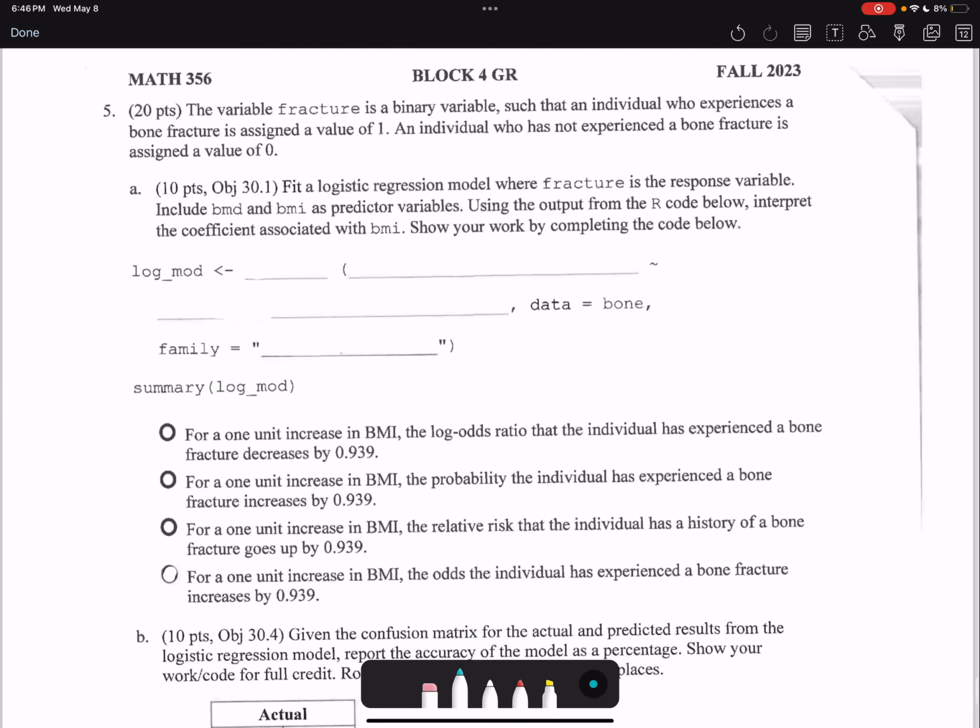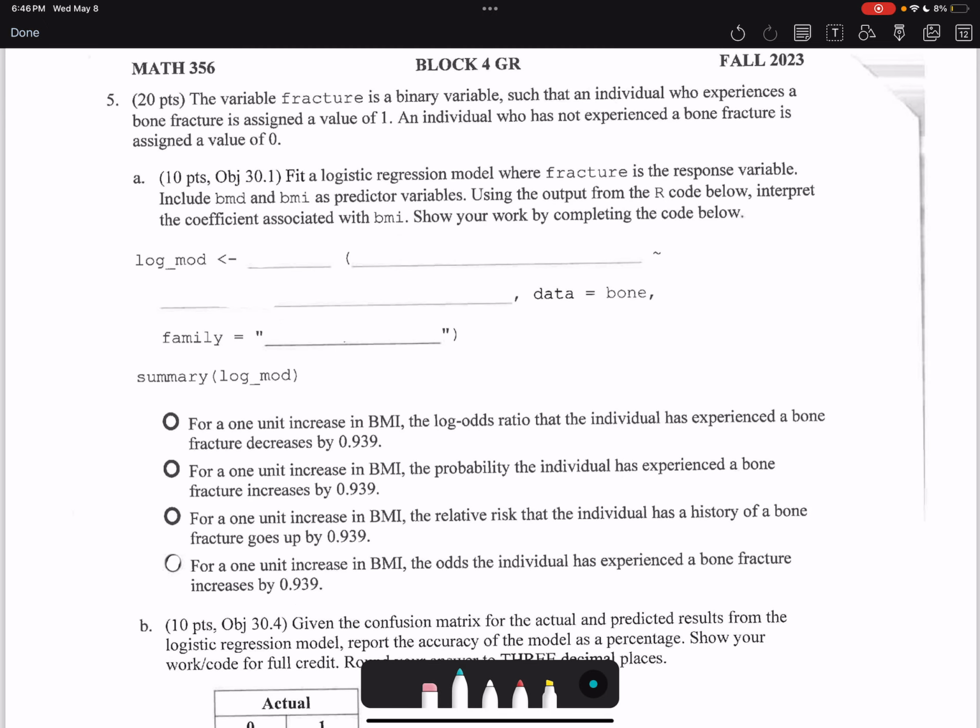Great. Now, the variable fracture is a binary variable such that an individual who experiences a bone fracture is assigned a value of 1. An individual who has not experienced a bone fracture is assigned a value of 0. Fit a logistic regression model where fracture is the response variable.